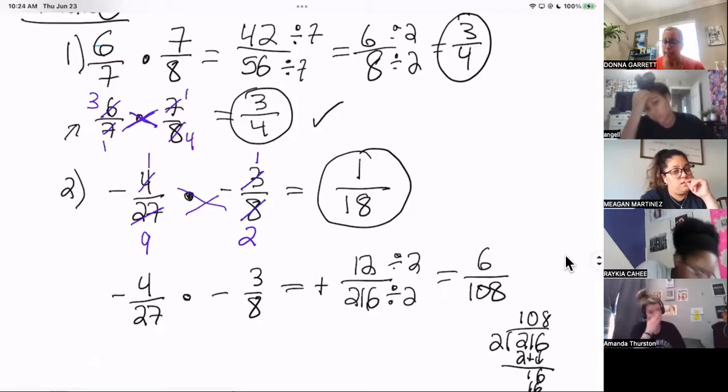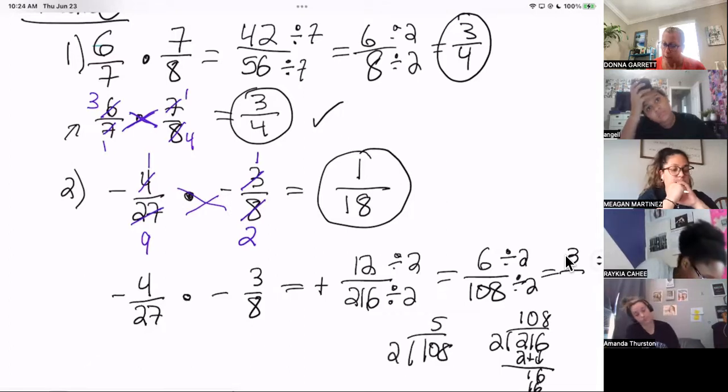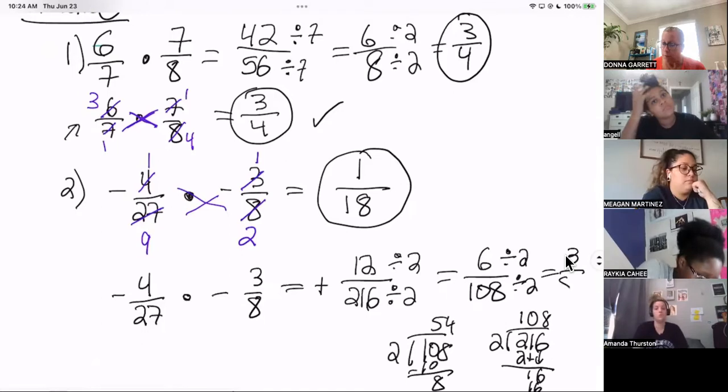Now I can divide by 2 again. 108 divided by 2 would be 54.